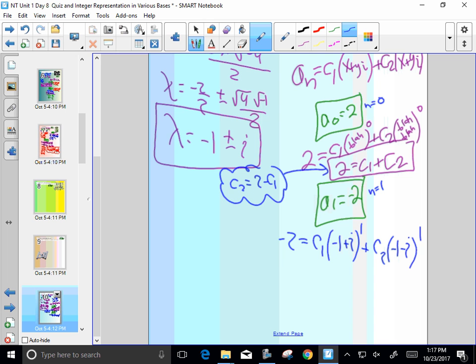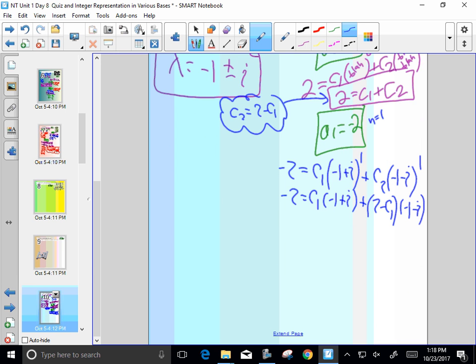So we'll have negative 2 equals C1 times (negative 1 plus i) plus (2 minus C1) times (negative 1 minus i). For all those out there in computer land, we didn't prove this third hour, but I'm proving it now, at least in this case. So you have negative 2 is equal to negative C1 plus C1 times i.